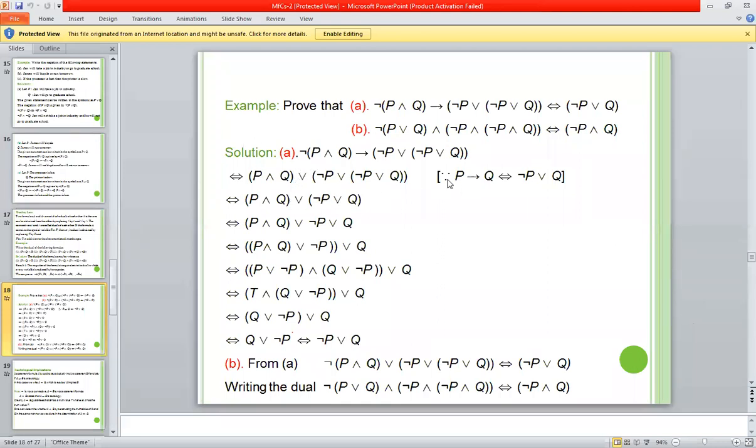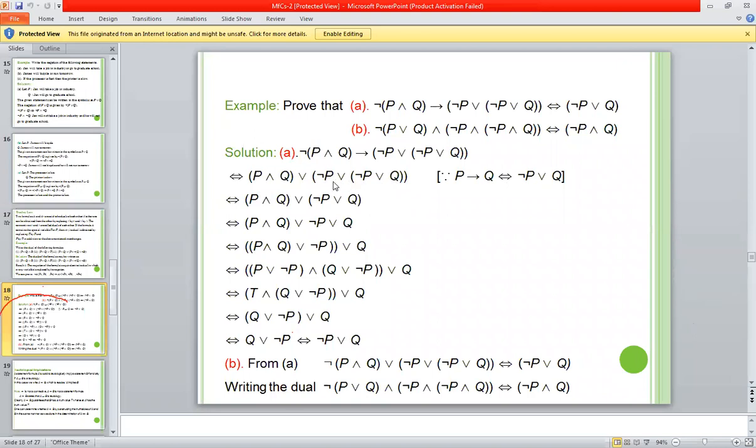So negation of negation means the negation is cancelled, and remaining is P and Q, or negation P or (negation P or Q). Okay. So P and Q, or here we are applying the associative law.